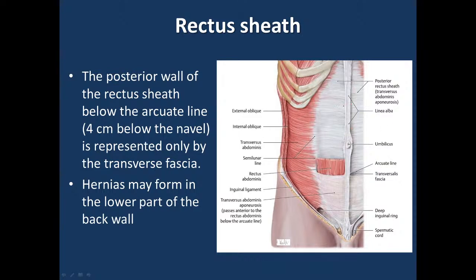But after a surgical operation, it would be a weak point where linea alba is weak, especially in the upper part.